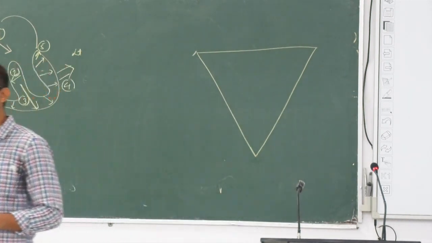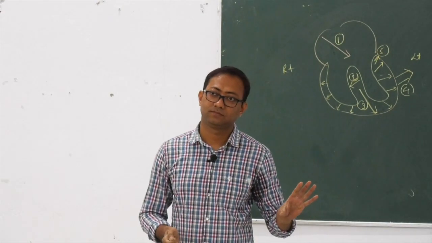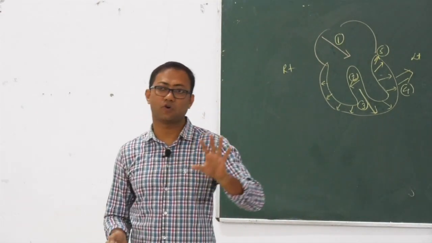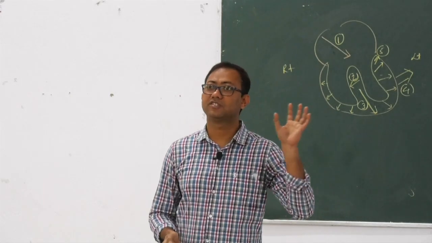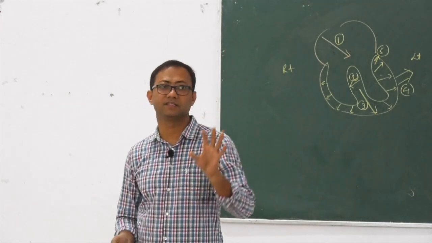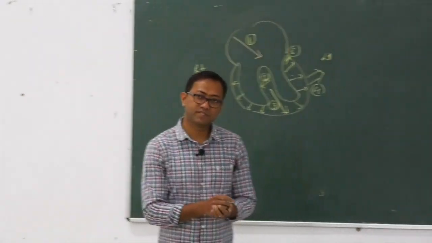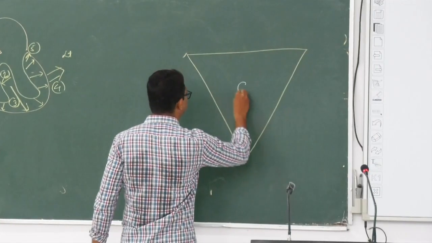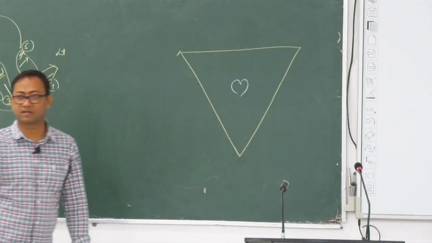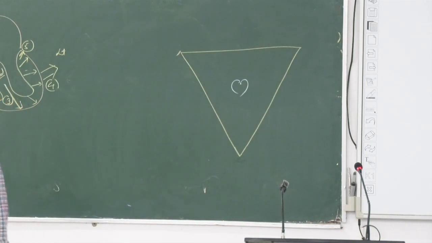This equilateral triangle is called Einthoven's triangle. And geometrically, we consider that our heart is located at the center of this Einthoven's triangle. Okay, heart is located at the center, right?